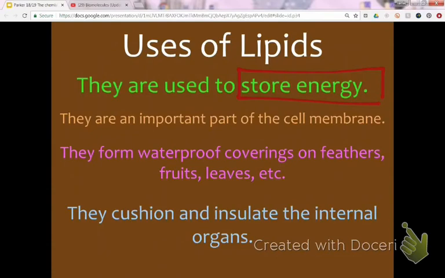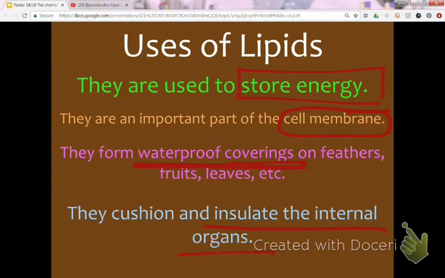They also function as part of your cell membrane. They actually make up the membrane of your cell, and without it, you would not have a cell. You would just be a puddle. It would be very unfortunate. They form waterproof coverings on feathers, fruits, leaves, etc. And they insulate your internal organs.